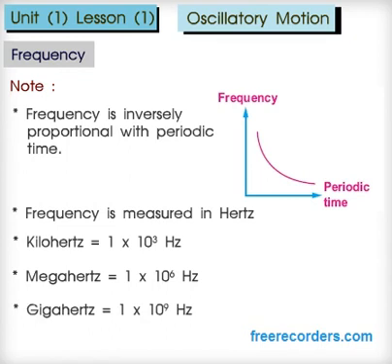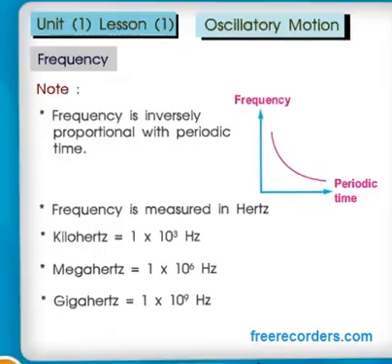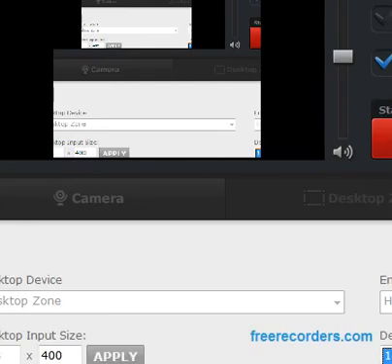Solution: number 1, periodic time equals time over number of complete oscillations equals 5/20.